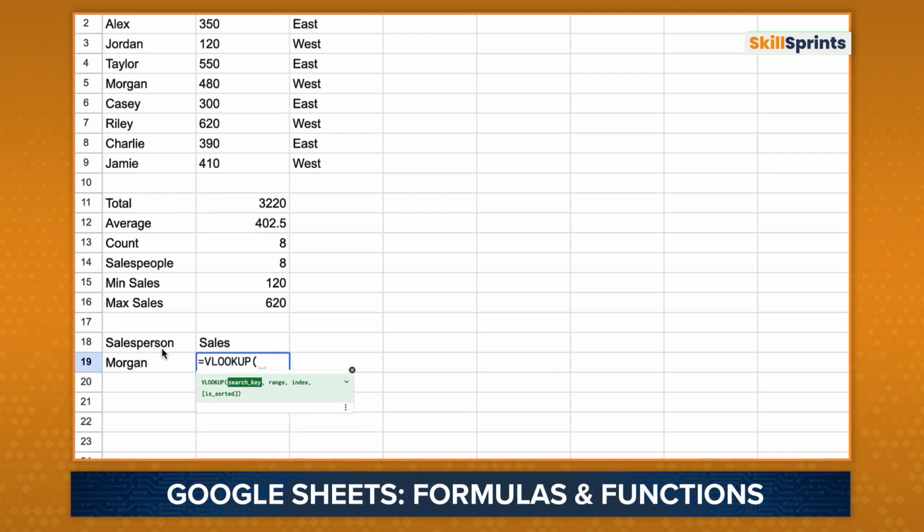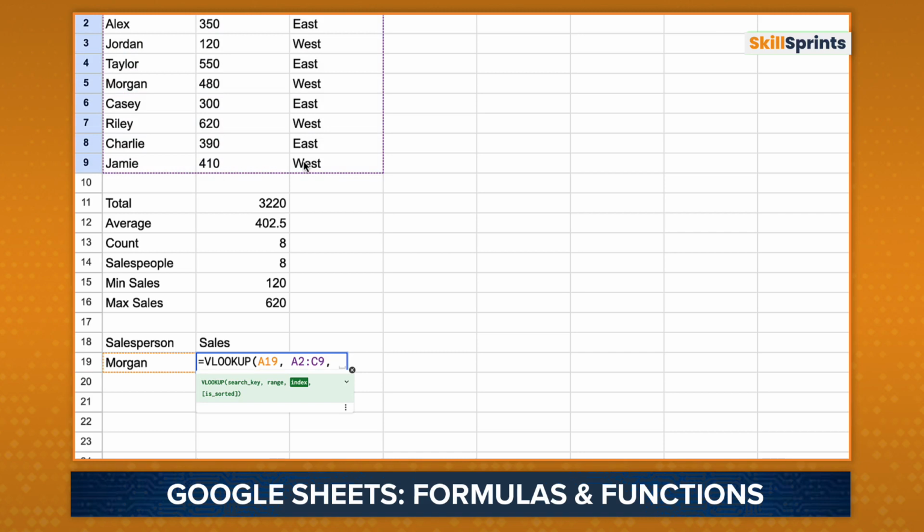And you notice this has a number of arguments: the search key, the range, the index, and is sorted. So the VLOOKUP search key is going to come from cell A19. That's got the name we're looking up. The next argument is the range. That's the range of data that we're going to be working with. In this case, A2 through C9.